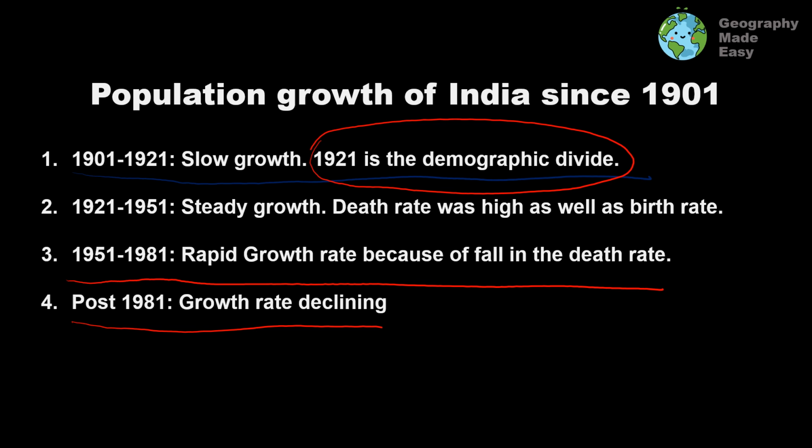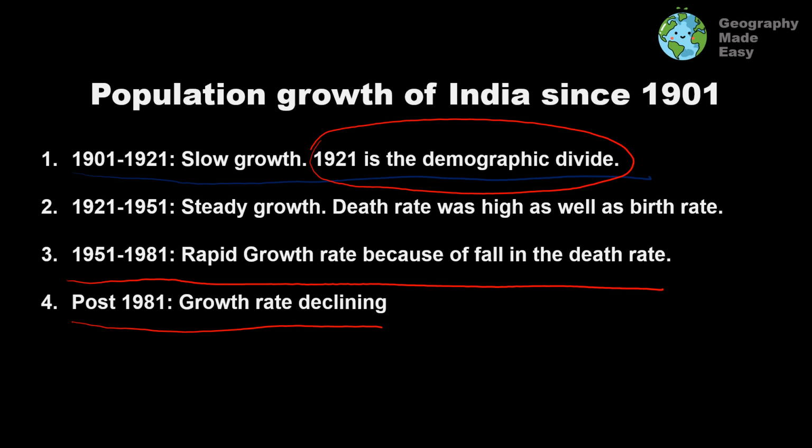Joint families slowly broke up and became more and more nuclear, and hence again that leads to a decline in the growth rate. More and more women joining the workforce also leads to a lowering in the birth rates, as the expectancy of having children starts falling.